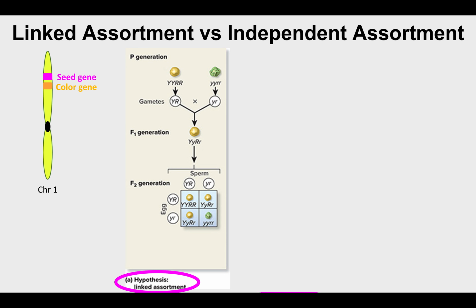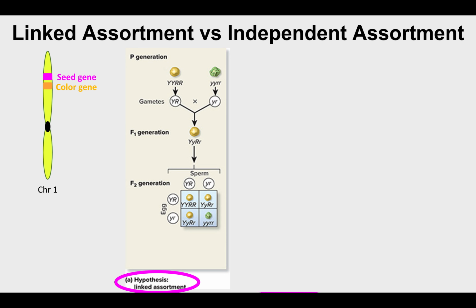So let's walk through some examples of what we might see if the genes are linked. If we cross two true breeding pairs, the first one is true breeding for the dominant genes, and the second one is true breeding for the recessive genes.